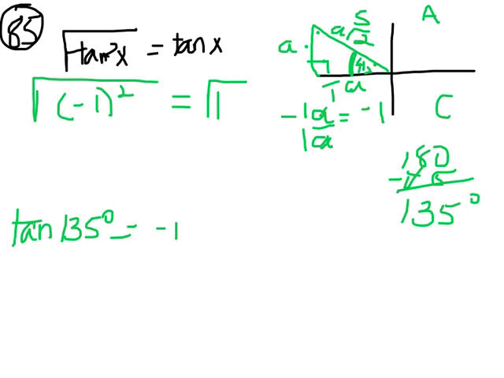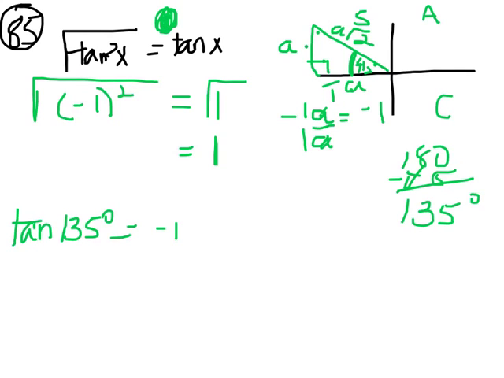So when I take the square root of 1, I would just write down 1 here because I wasn't the one that came up with this problem. Had I come up with it, I could have put a plus or minus in front of tangent x, and it would be true all the time. Well, I can't put a plus or minus because it's one or the other, right? I really don't know what I'm going to get there. I could get a positive, I could get a negative. It's not going to be both, so I can't use that symbol even. So that's the problem here.